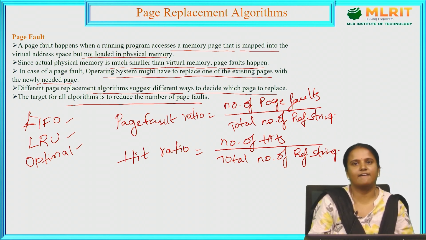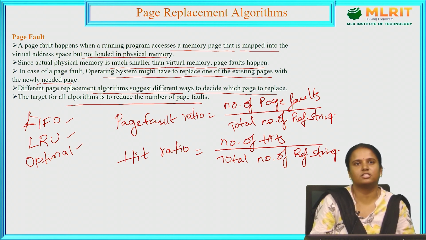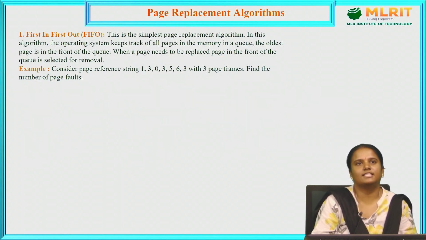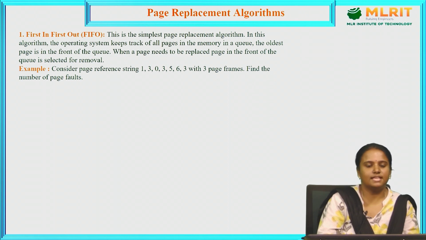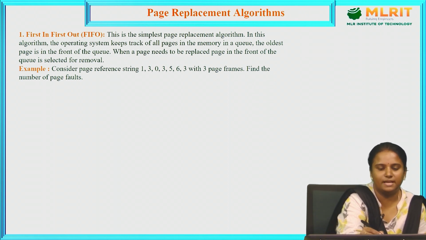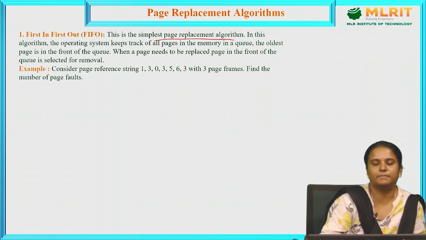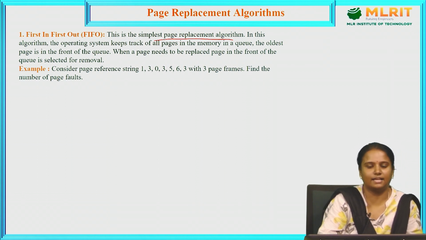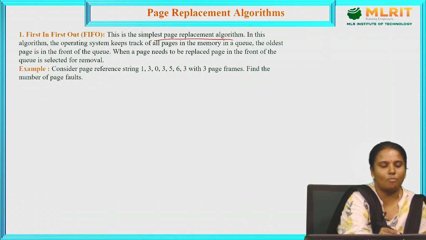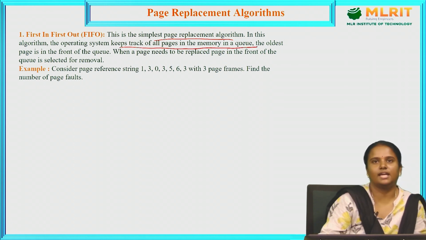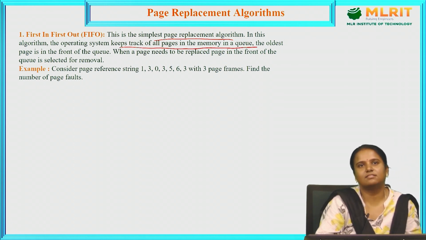So let us see our first algorithm, FIFO, first in first out. This is the simplest page replacement algorithm, very simple and easy to implement. In this algorithm, the operating system keeps track of all the pages in memory in a queue. The pages are kept in queue format.